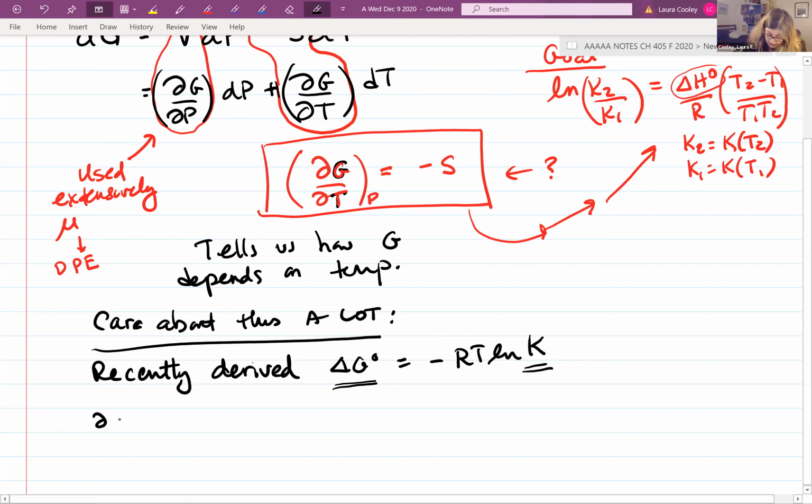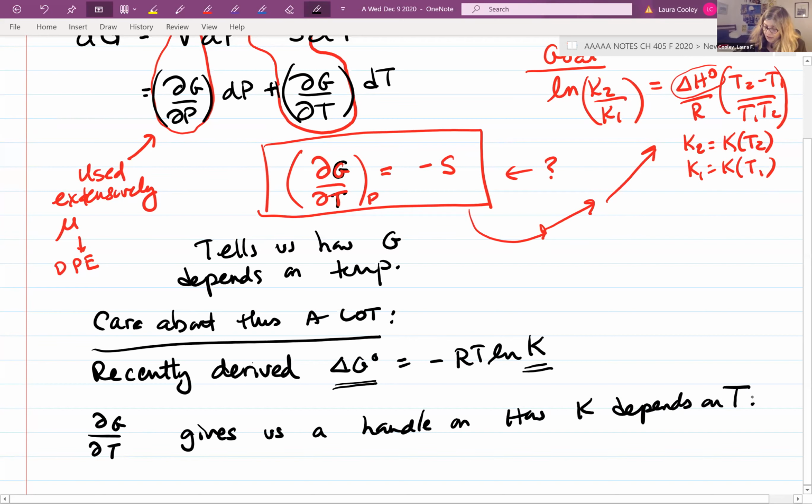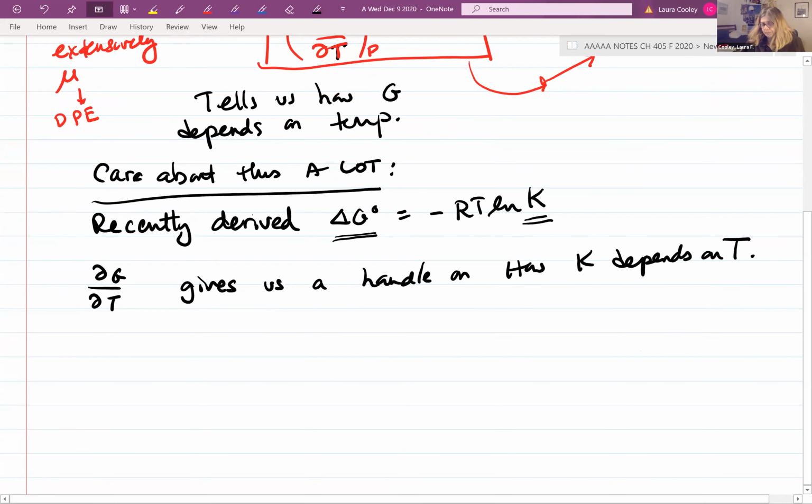So believe it or not, this partial derivative gives us a handle on how K depends on temperature. And that's something that I talk about in general chemistry, Chem 104. So this is something that chemists really do care about, because if we didn't care about it, we wouldn't teach it in general chemistry.